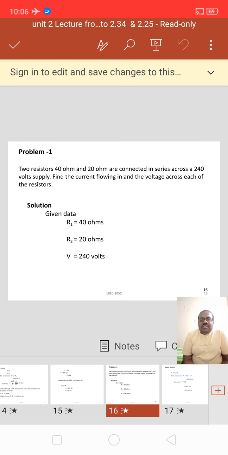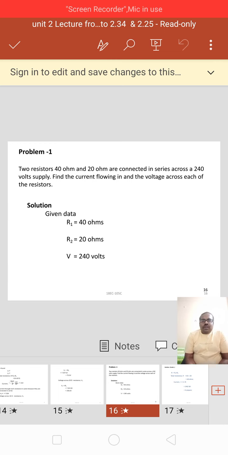Now another problem is given. Two resistors of 40 ohms and 20 ohms are connected in series across a 240 volt supply. Find the current flowing and the voltage across each of the resistors.